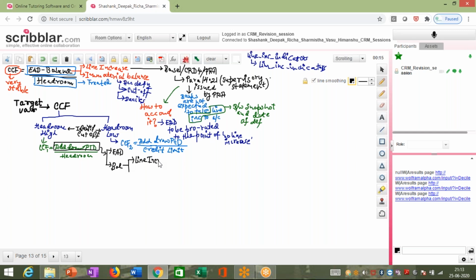The line increase indicator has to be calculated, and then the exposure has to be calibrated as if there was no line increase. So what would the exposure value be if there was no line increase? That is something that we have.